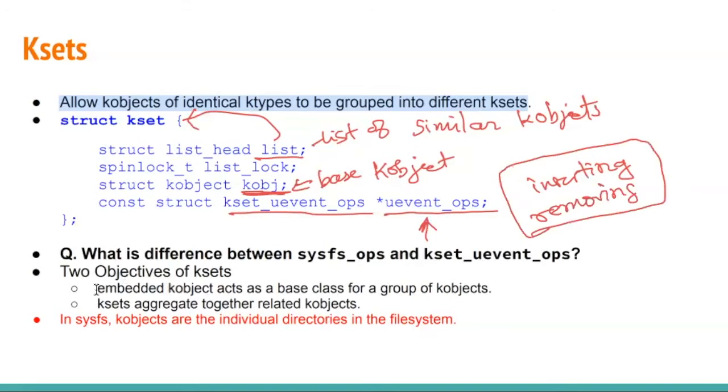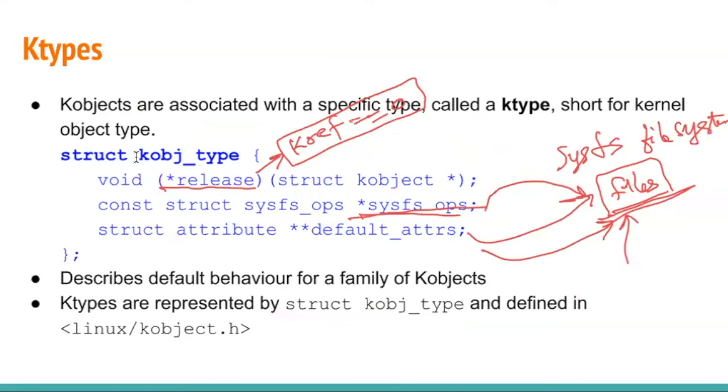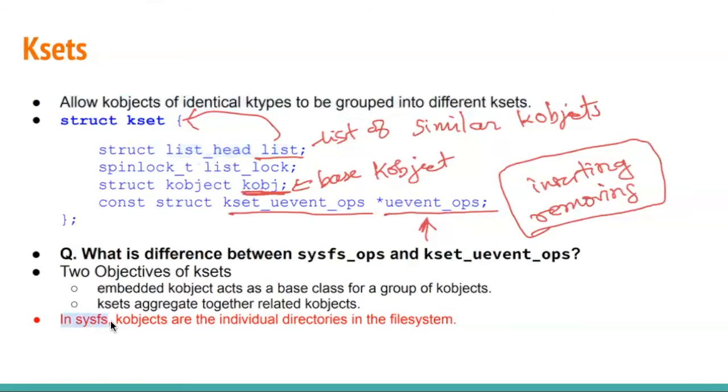And we have already discussed that the main purpose of this kset structure is to group together the similar devices, and those similar devices will have the same ktype because they will have the same behavior. Behavior is defined by the k object type structure. I have already mentioned this in the previous slides, so it is just redundant.